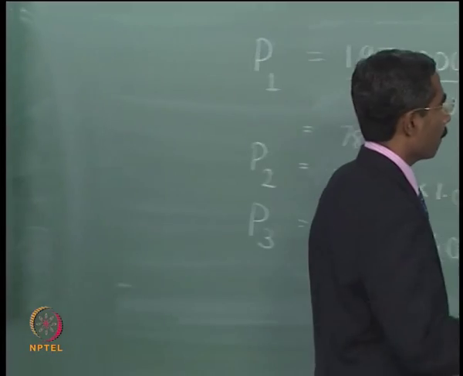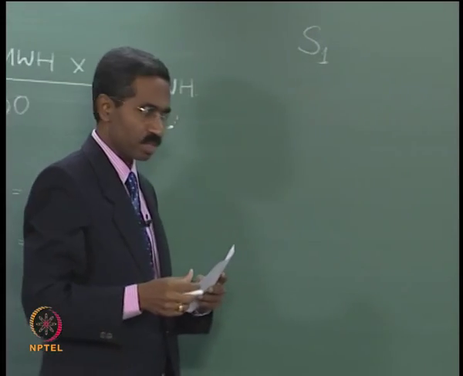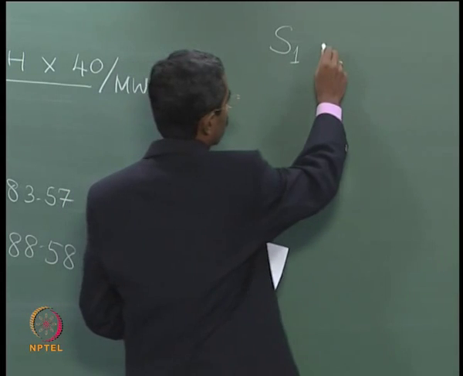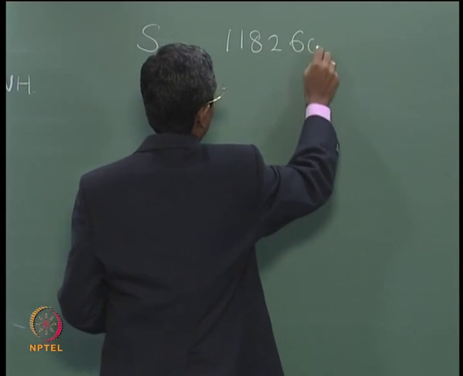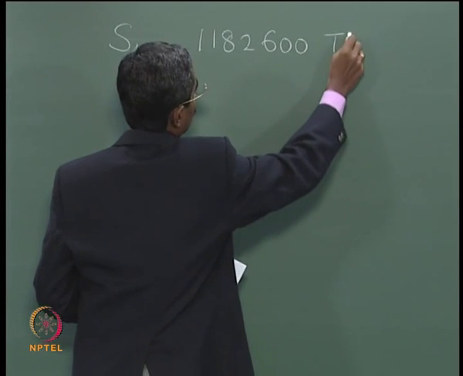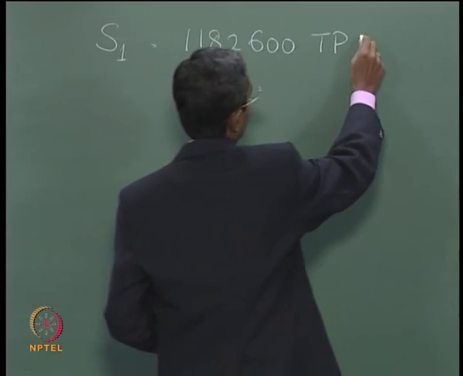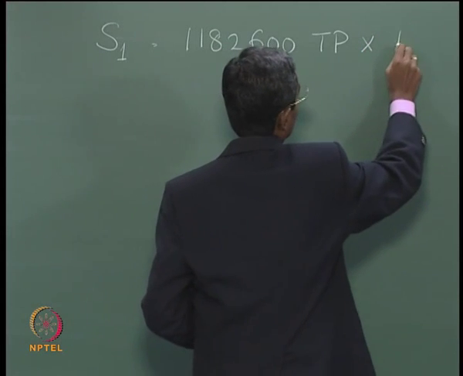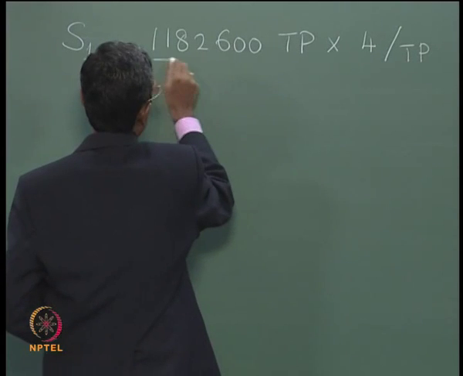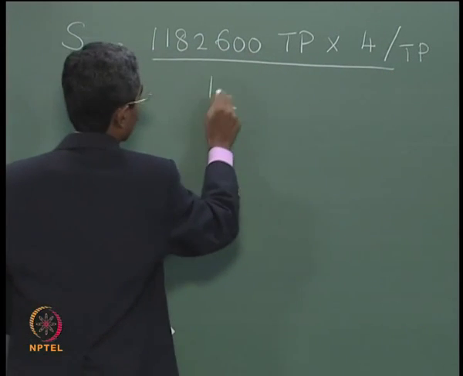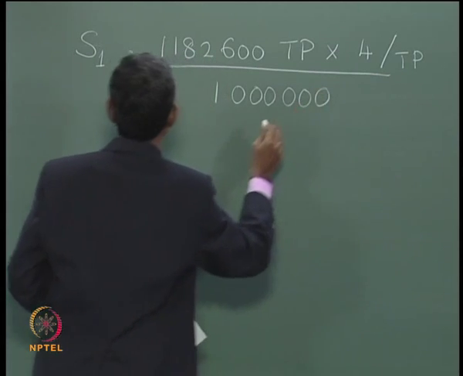So for steam, the revenue generated from production of steam in the first year is 1,182,600,000 pounds of steam being generated, multiplied by the price of steam, which is 4 per 1000 pounds, and we divide by 1 million to get the revenues in millions.